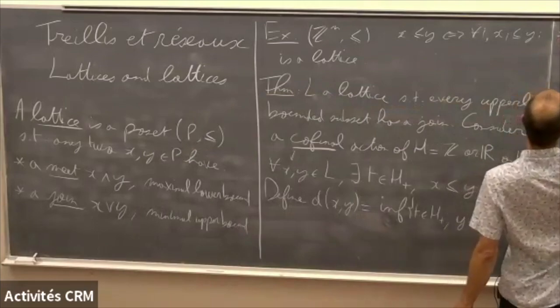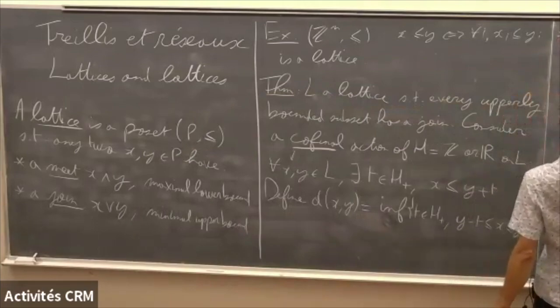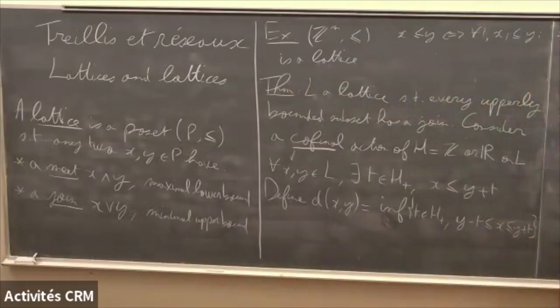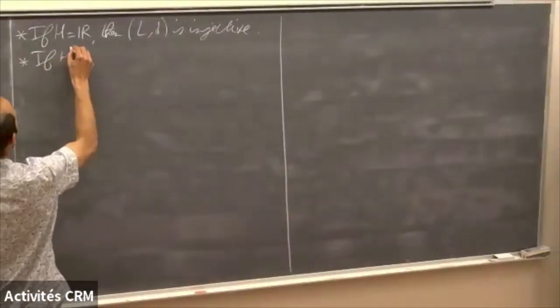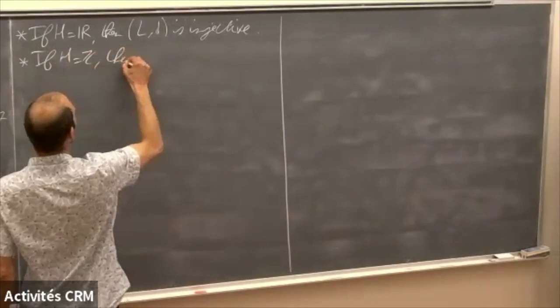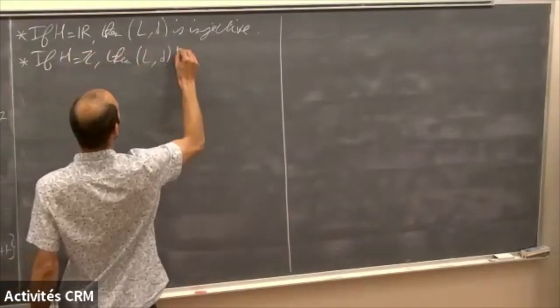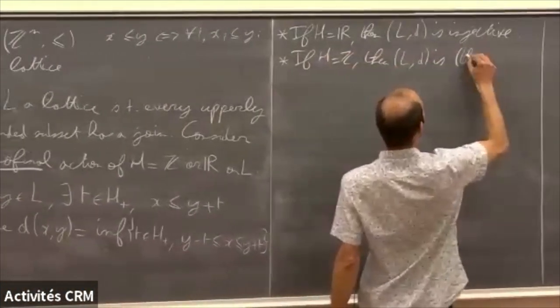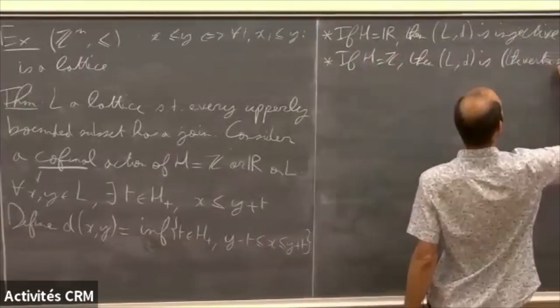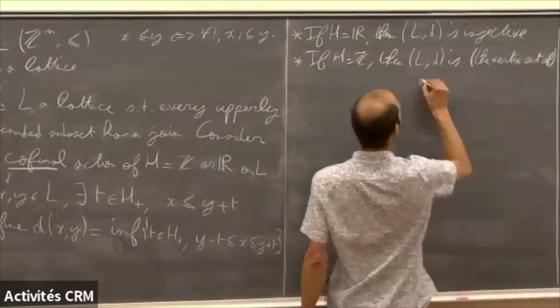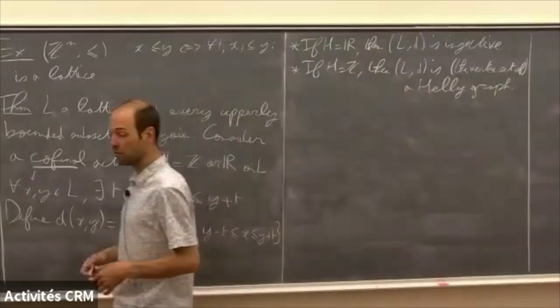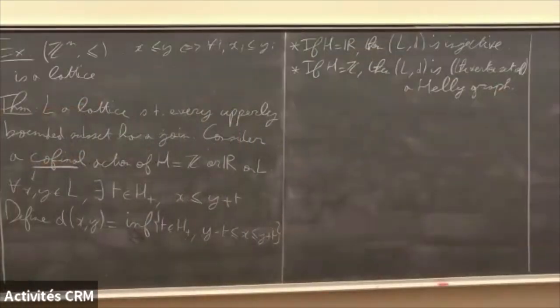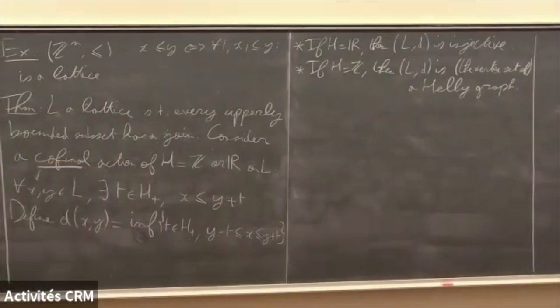If H is equal to R, then this is injective. And if H is equal to Z, then L with this distance is the vertex set of a Helly graph.